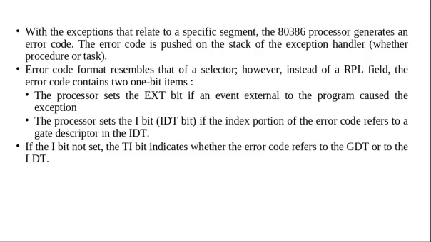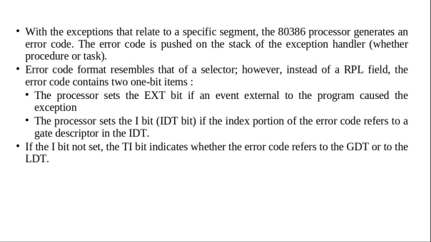If the I bit is not set, then the TI bit indicates whether the error code refers to the GDT or LDT. When an exception or interrupt is generated, it should be handled by an interrupt handling procedure, which is stored in the memory.